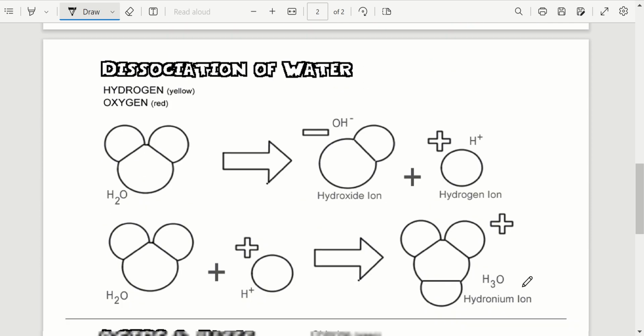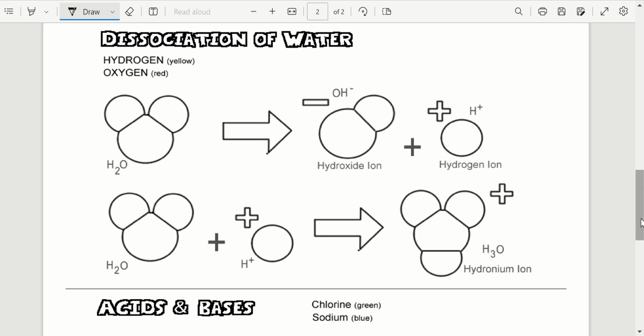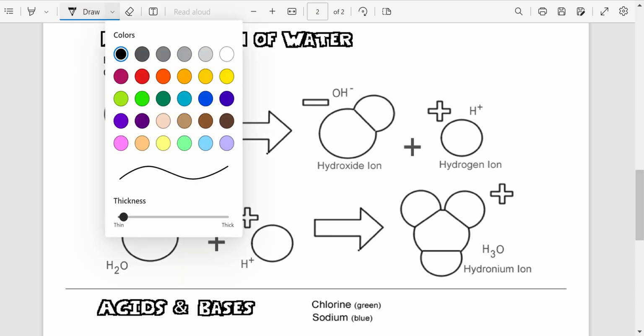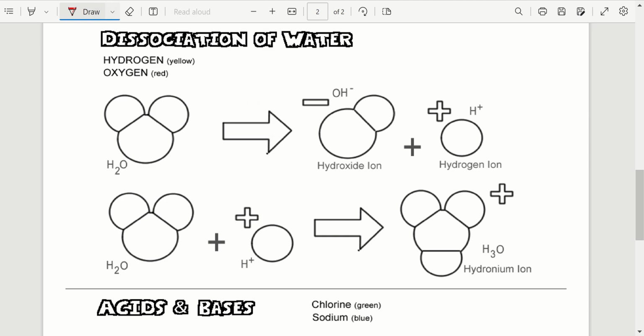So now let's look at the back. So first we have right here the dissociation of water. It says hydrogen should be yellow and oxygen should be red. So now you can color these completely in, right? Or outline them, okay? So oxygen is red. So in water, I have 1 oxygen, right?